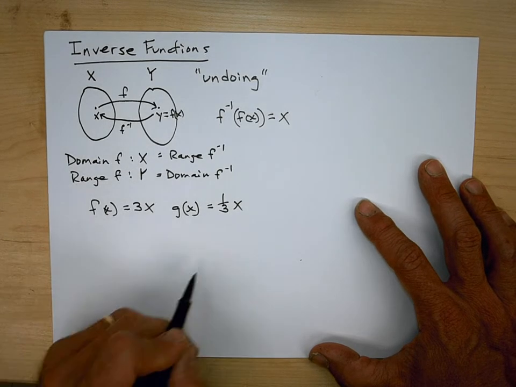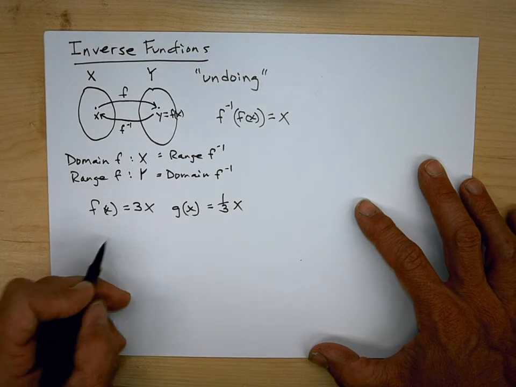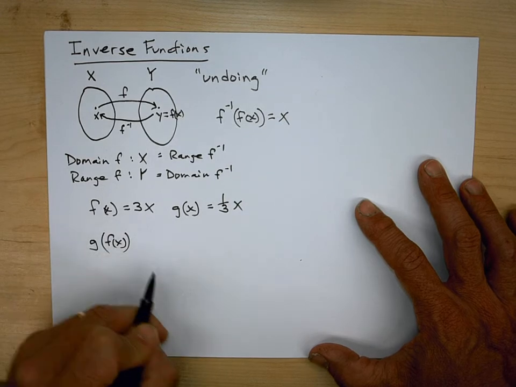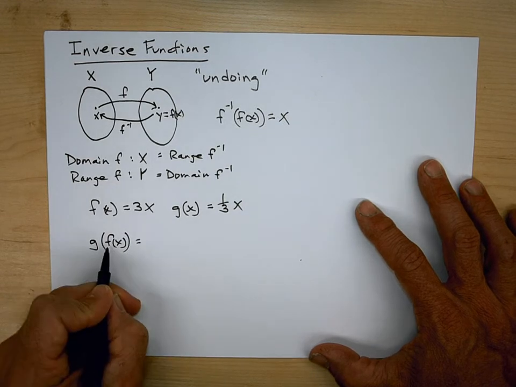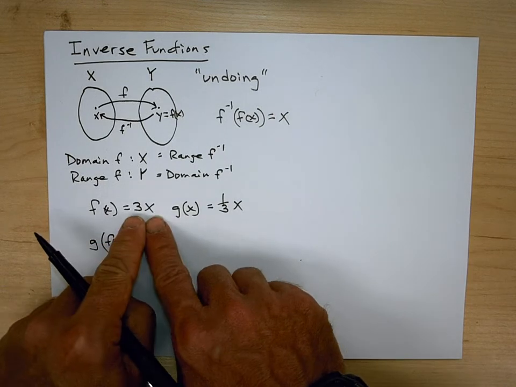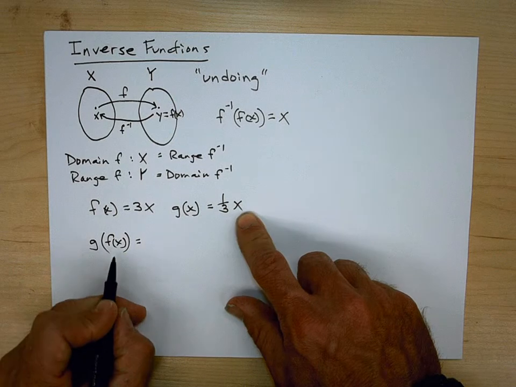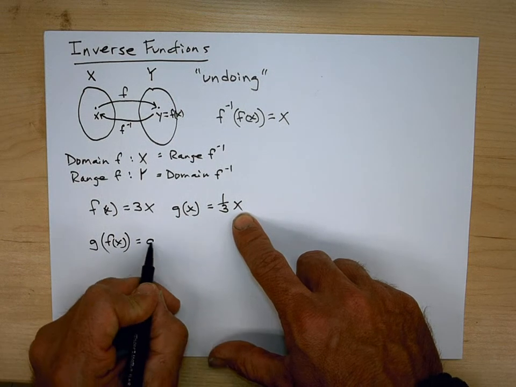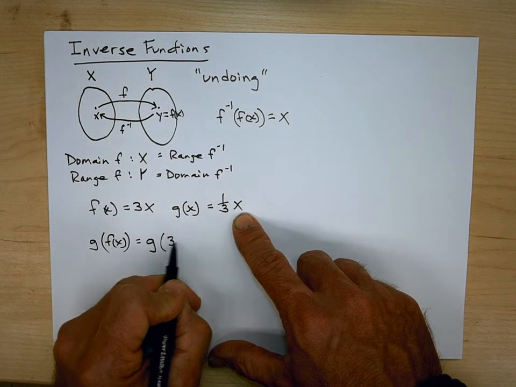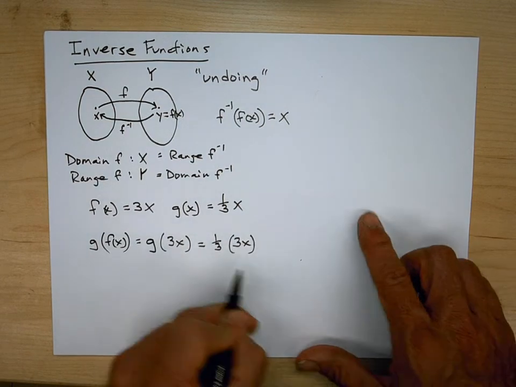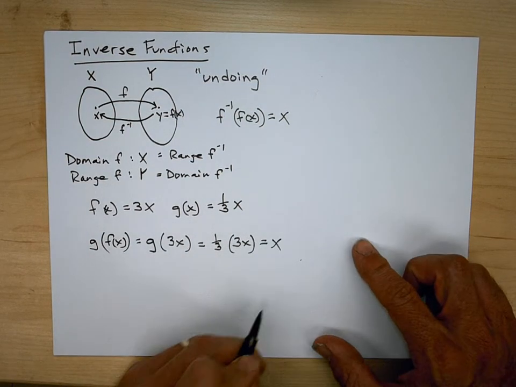Here I want you to notice that if I take g of f of x, in other words, I'm replacing x with f of x, what I'm really doing is g of 3x, which is 1/3 times 3x. Well, 1/3 of 3 is 1, so that's just going to give me x.